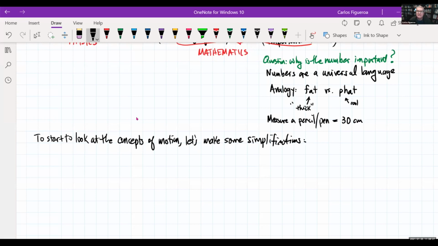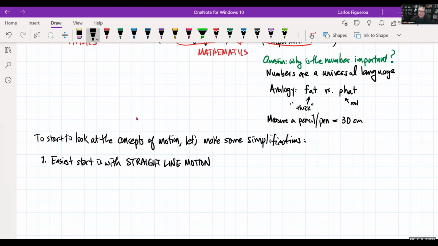Why? Just to make it easier, that's why. And the first thing that we should do is always start off easy. So the easiest start is with straight line motion.